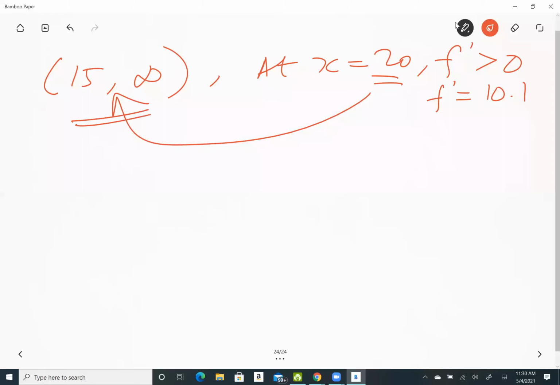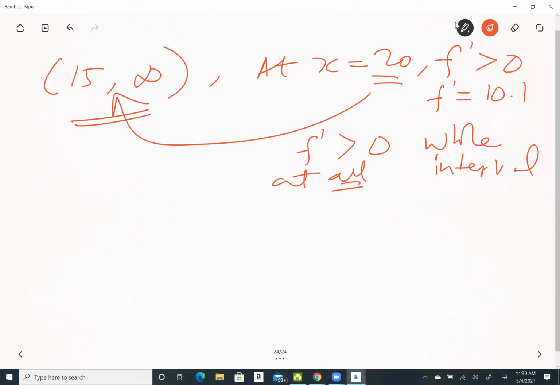For the whole interval, f prime is positive everywhere, at all points in the interval. So if we know at one point in the interval the f prime is positive, then for each point in the interval, the f prime will be positive.